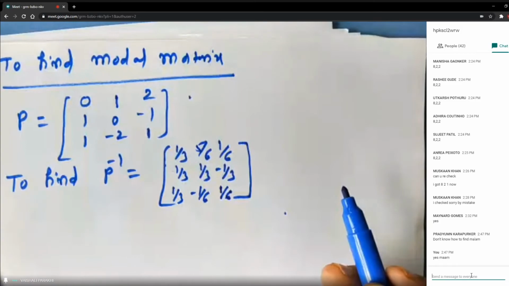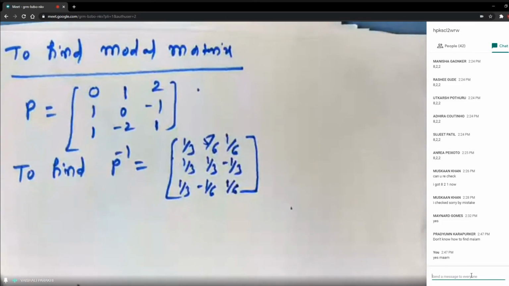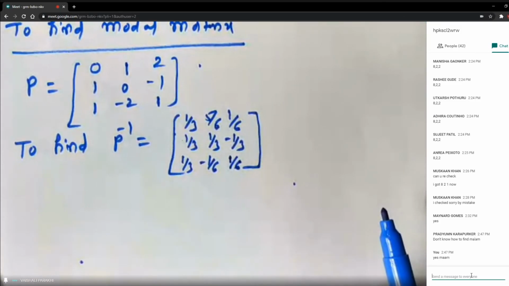Okay, very good. So this is the correct answer for P inverse. See that everybody is doing it. Okay, don't just go on copying.